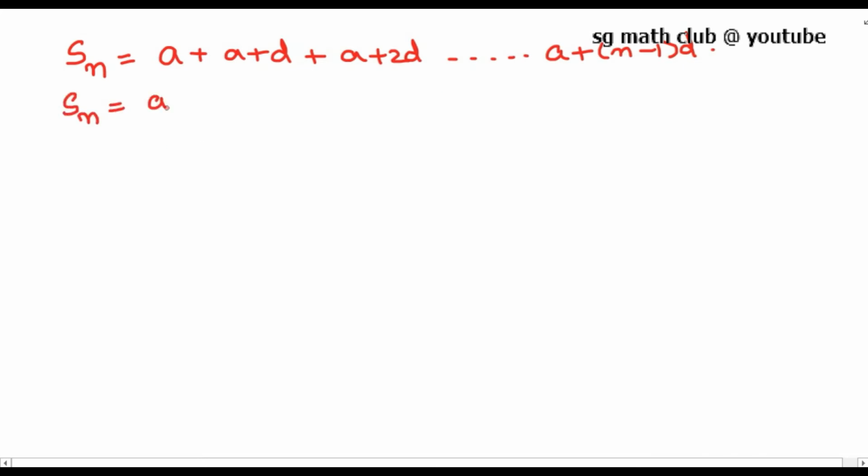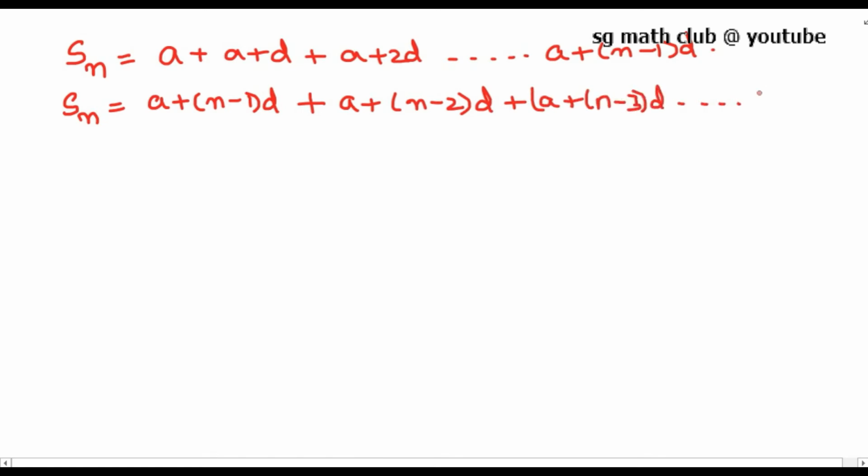Sn is equal to a plus n minus 1 into d, plus the next term a plus n minus 2 into d, the next term a plus n minus 3 into d, etc. The second last term will be a plus d, and the last term will be a. Let this be equation number 1 and this be equation number 2.